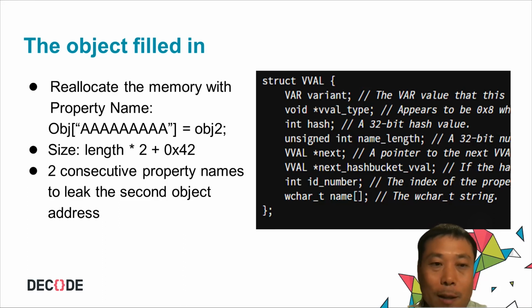The size will be the length of the string multiplied by 2 plus some control bytes. And we'll use two consecutive property names to reuse the freed memory. This way, we can leak the address of the second object.